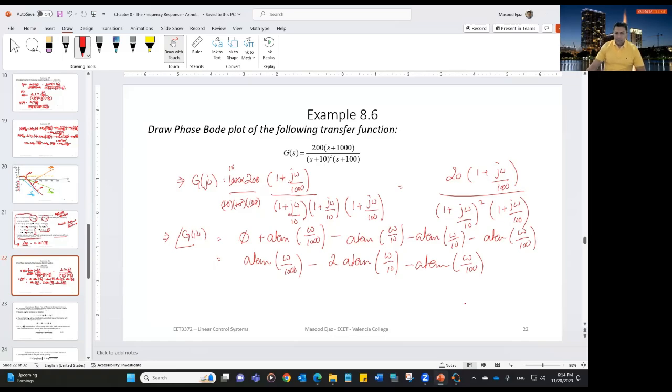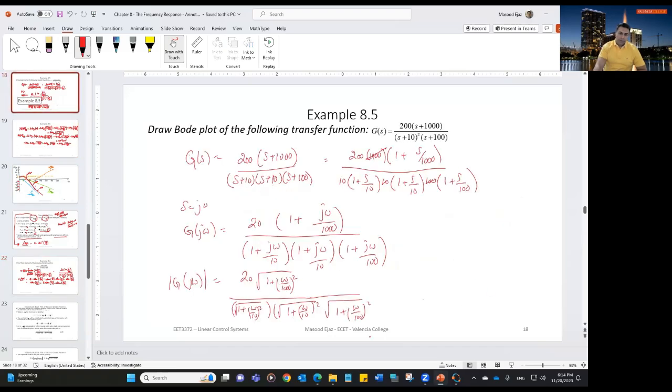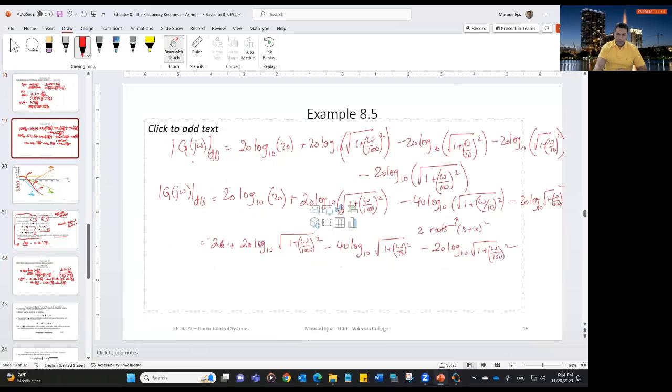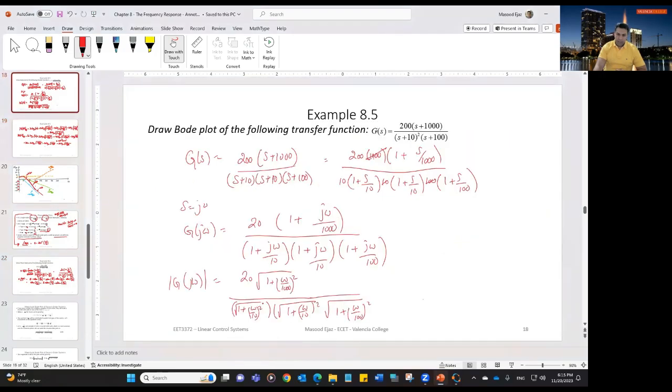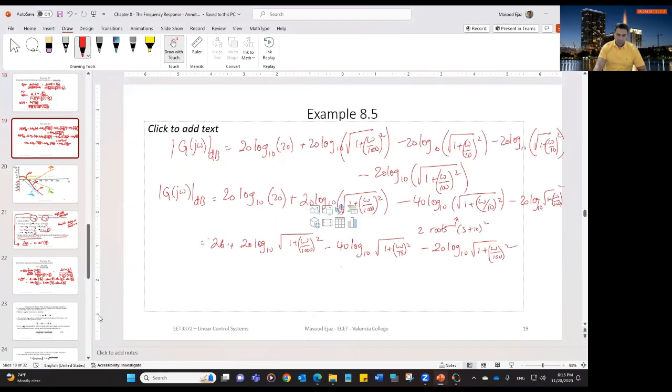So observe, phases are simply addition and subtraction, similar to if you are doing the magnitude Bode plot, which is of course in decibels, then it just becomes addition and subtraction instead of multiplication and division. Now phase is always addition or subtraction of a complex fraction. It's not multiplication or division.